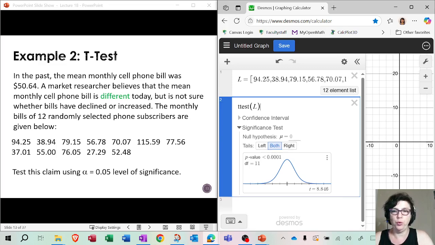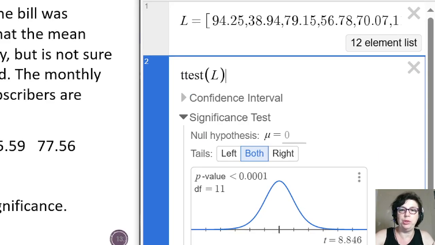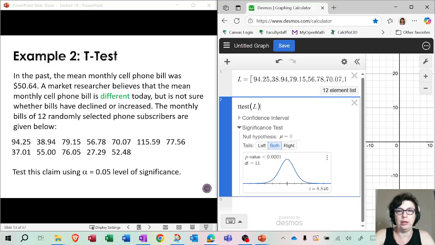But can we leave mu equals 0 right here? No, it's not okay, because you're not testing that the mean was 0. You're testing that the mean was 50.64. So that should go in here. And now you're good. You got everything.